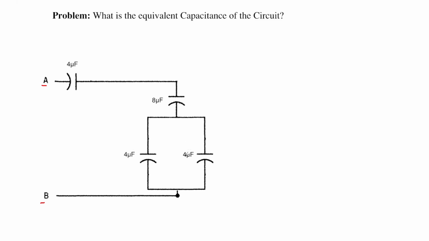So, starting with the simplest, we have our 4 microfarad and 4 microfarad capacitors. Simply creating an equivalent version, we can eliminate one of the capacitors and write in our new value of the summation of both, which will give us 8 microfarads.